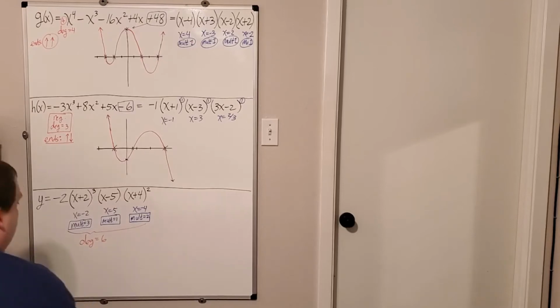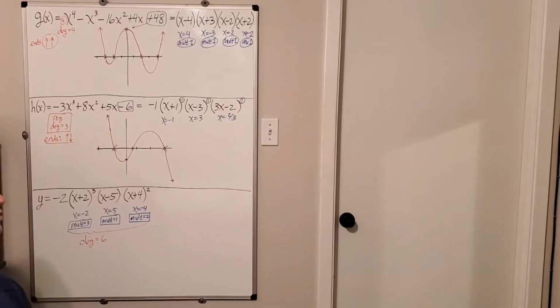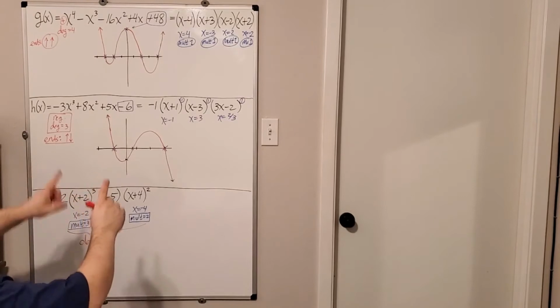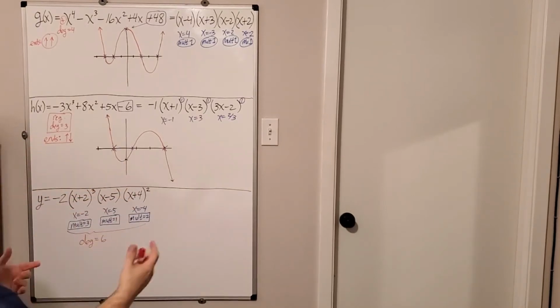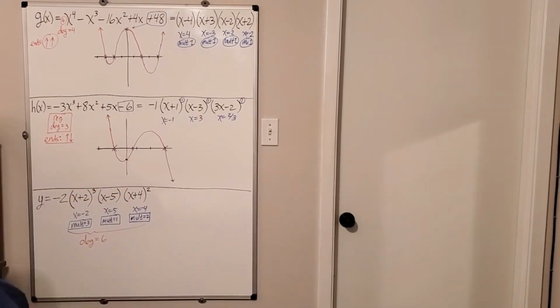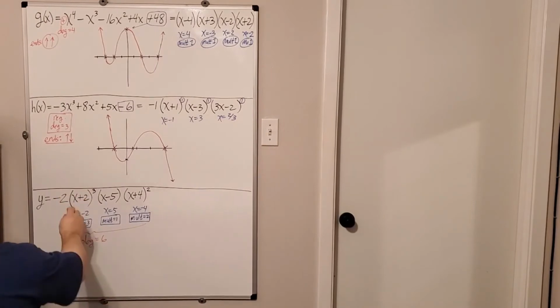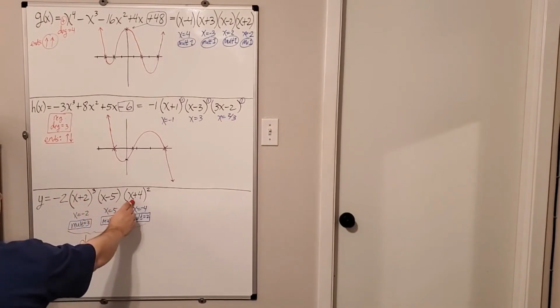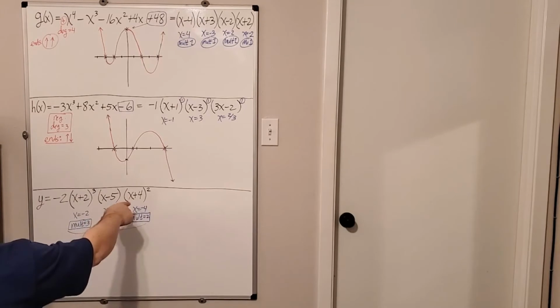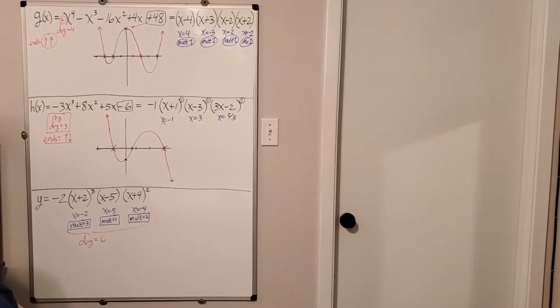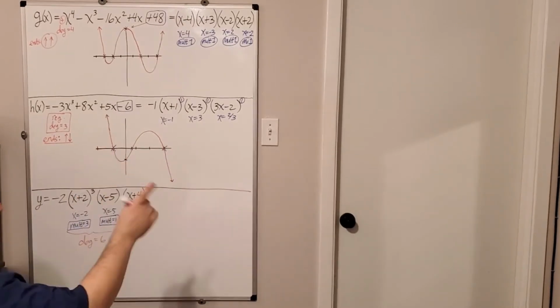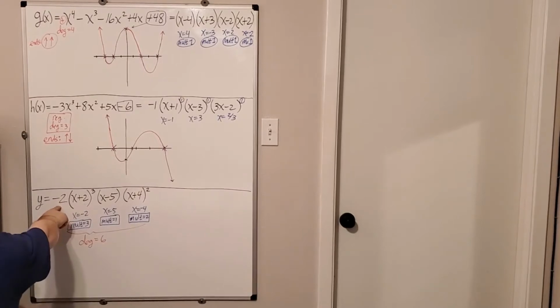All right. Well, the degree is an even number, so I know that the endpoints have to match. They're either both up or both down, but I got to know which one of those it is. And then I notice all of my x's are positive. So if I were to multiply those out, I'd get your plain old x to the 6th times -2.